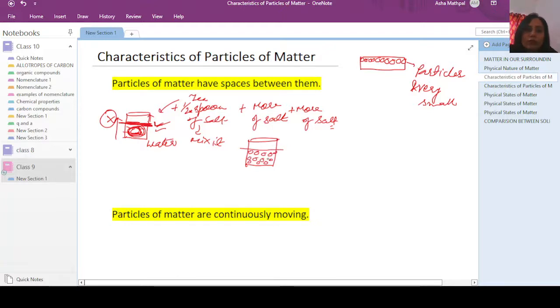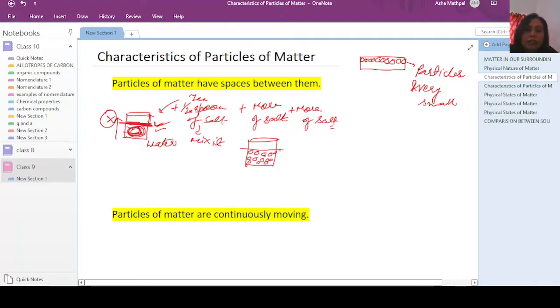Particles, because we have understood that every matter is made up of particles. So these are the particles of water, these small circles, but there must be some space between them. That is why the salt is disappearing, and this salt also has particles, and these particles have some spaces between them.